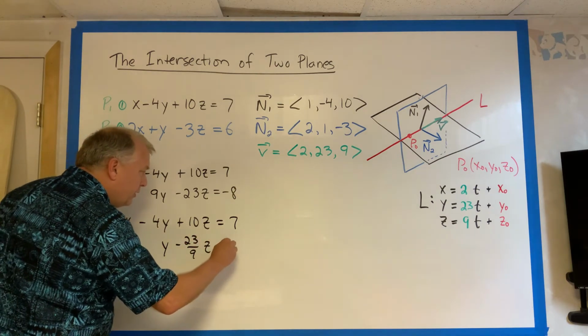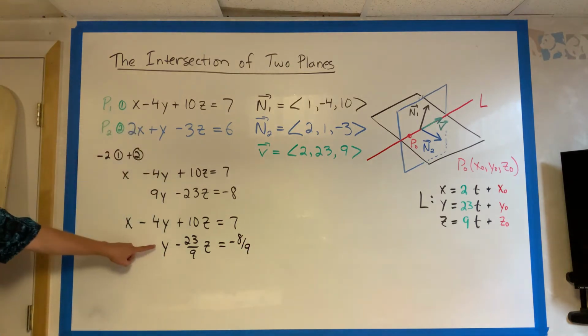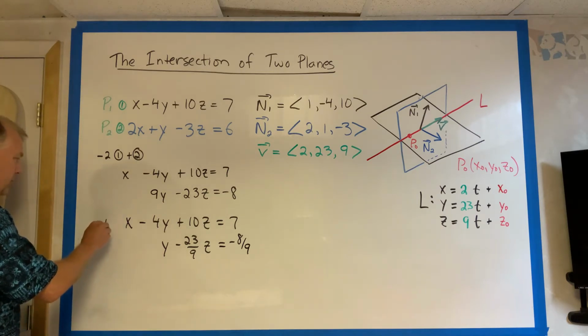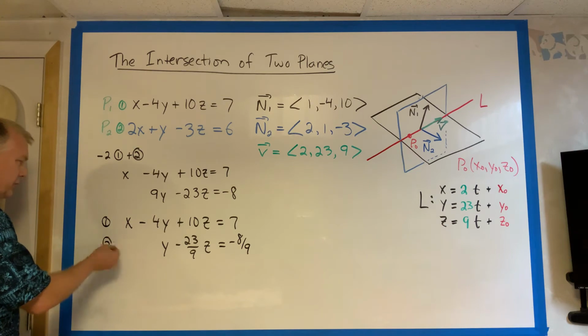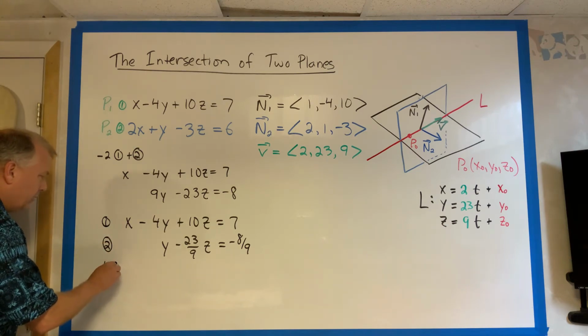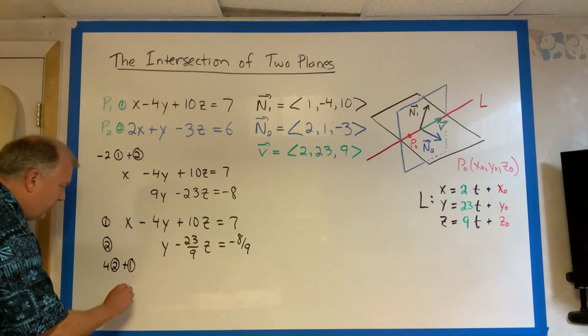And fractions are going to be unavoidable. But now I can take 4 copies of this equation to eliminate this y. Again, think of this as first equation, second equation, just for the work. I'll take 4 copies of the second equation, add it to the first equation, and this is what I get.